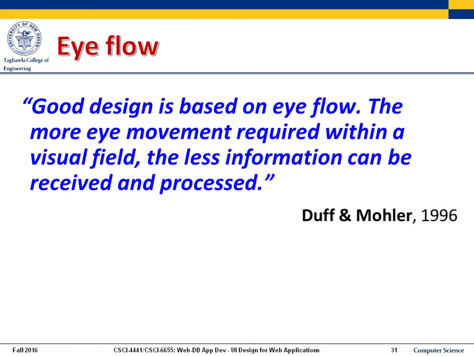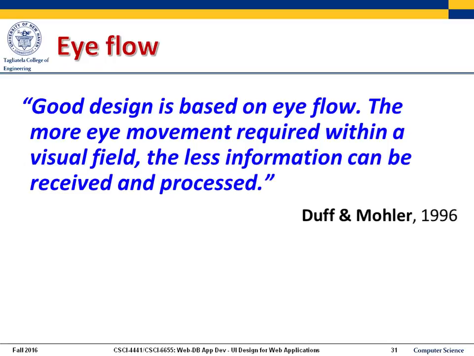So let me just broach this idea, and then we'll stop. One of the things that makes the physical layout more amenable to users has to do with knowing something about how people see. So this is talking about eye flow. In other words, you have a piece of text, on a screen or a small screen or whatever, and the eye has a tendency to flow in particular ways.